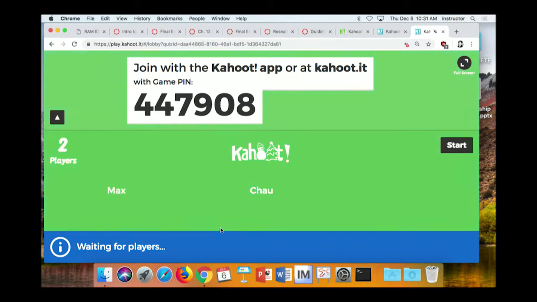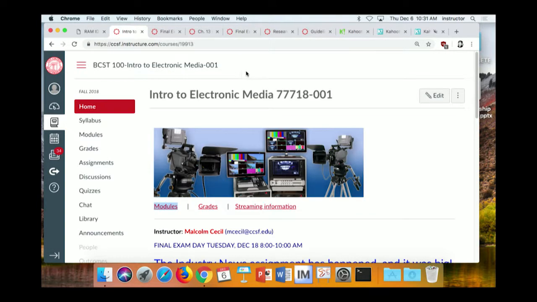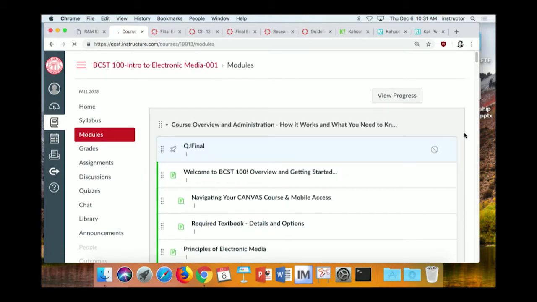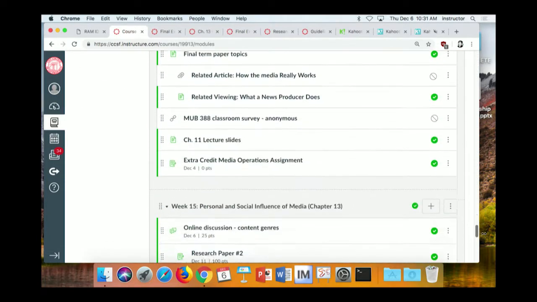Oh, and while we're dropping in there, just a reminder that in addition to the final essay that we've talked about, there is still one more extra credit possibility. Remember, you can only make a maximum of 100 points out of 500 from extra credit.